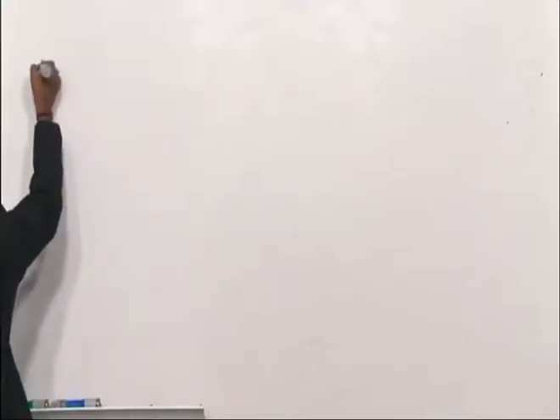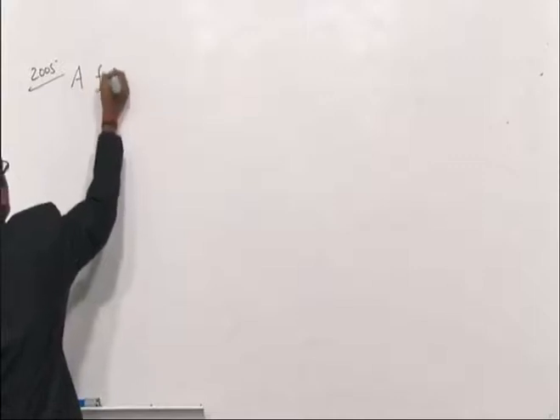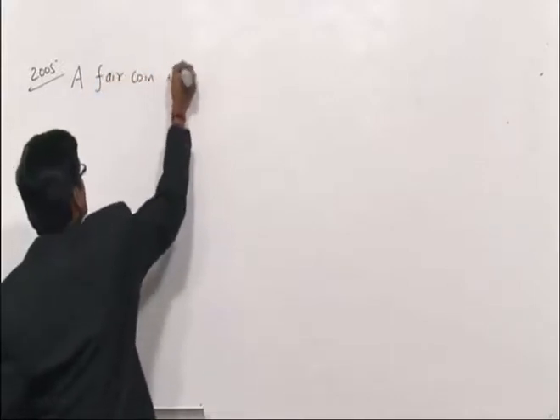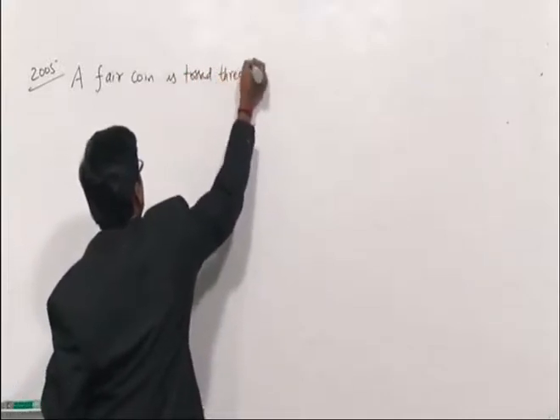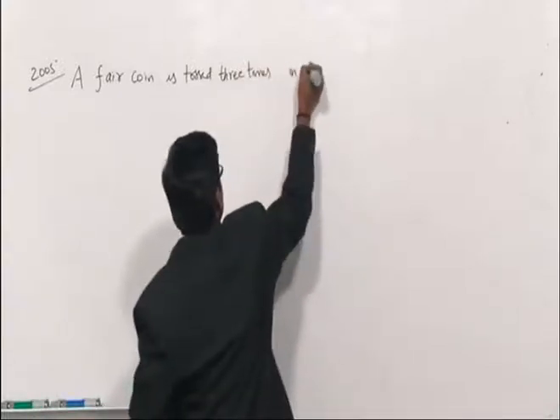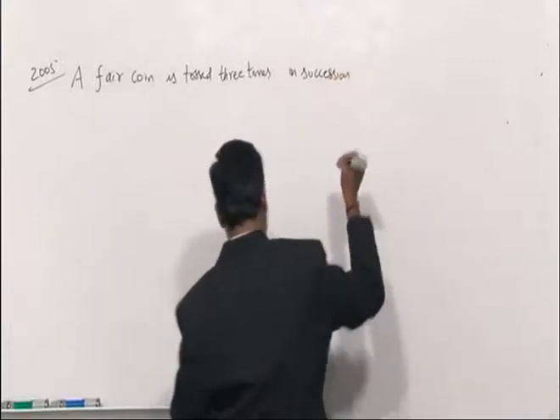The next one is 2005, 2 marks given. A fair coin is tossed 3 times in succession.